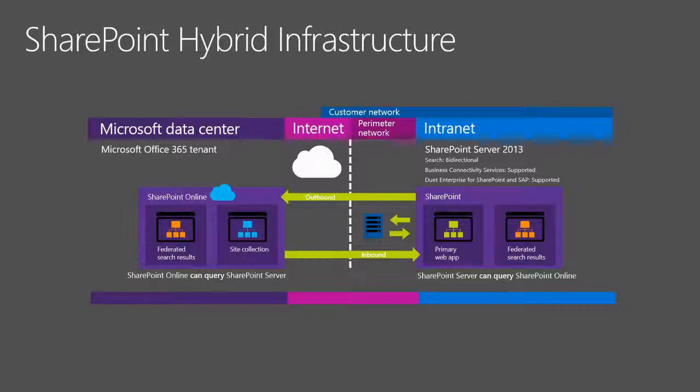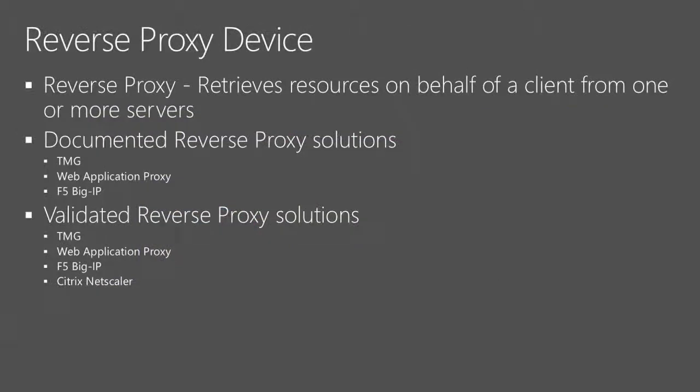I mentioned reverse proxy a couple of times. Around 18 months back, we did a reverse proxy validation for most of the reverse proxies you see in this slide. We have a TechNet article which talks about the supported reverse proxies, but here are the common and documented reverse proxy solutions: TMG, Web Application Proxy, F5 Big-IP, and there are other validated ones too.